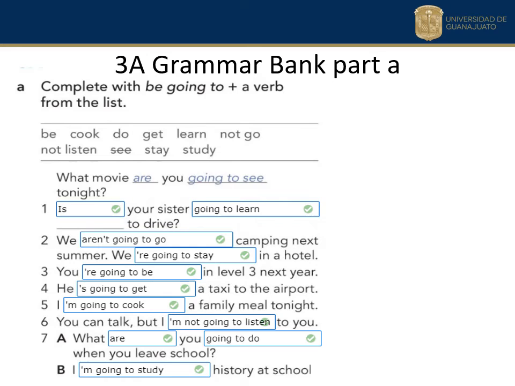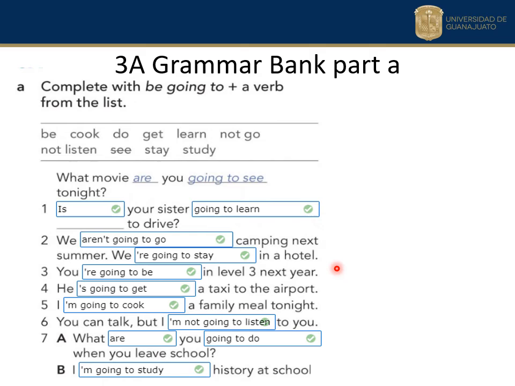Alrighty, let's check your answers. I'm gonna start reading and you check on your notebook or your book. Number 1. Is your sister going to learn to drive? 2. We aren't going to go camping next summer. We're going to stay in a hotel. Number 3.